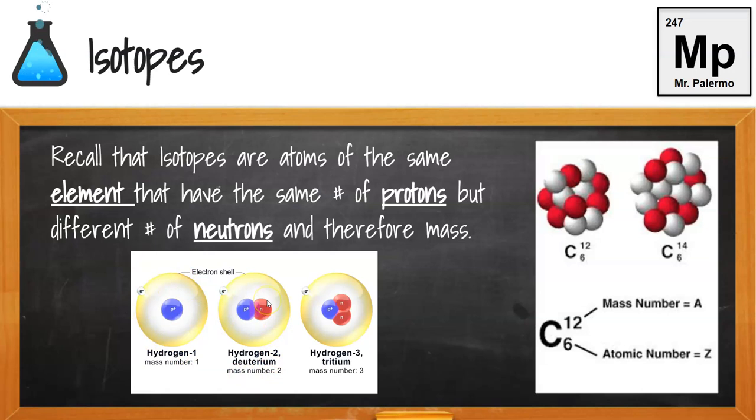We have 1 neutron and 1 proton, so the total mass is 2. And here we have 2 neutrons and a proton, total mass is 3. Here's another example: carbon-12 and carbon-14. These are two different isotopes, with the same number of protons, just a different mass number due to the different number of neutrons.